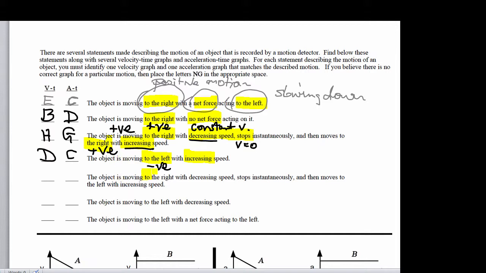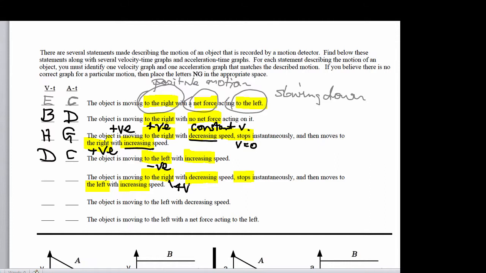Okay. To the right, decreasing speed, stops, then moves to the left, increasing speed. Mike, you want to walk us through that one? So it's moving in the positive direction, right? But slowing down.